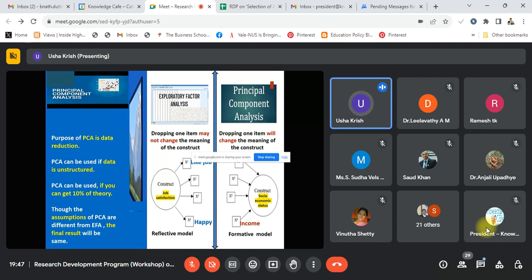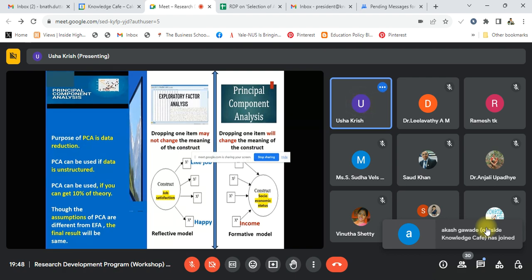For instance, let us assume the items identified by me are caste and income. So, based on these, we can define the construct as socio-economic status. If I remove one item, the meaning of the construct will change.